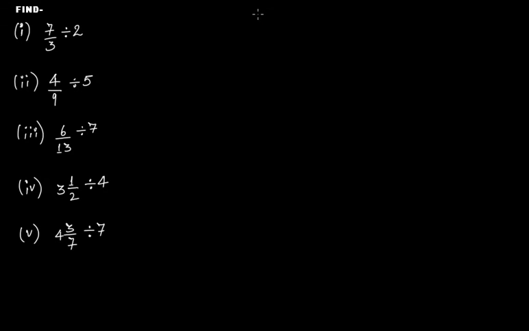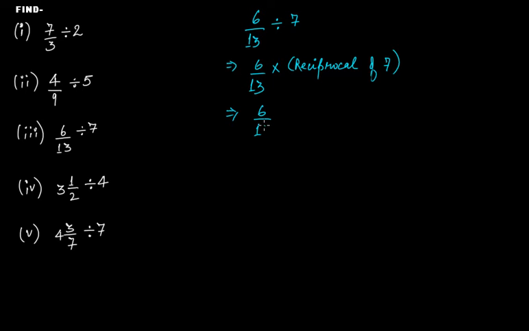The third one, 6 over 13 divided by 7. So this will be 6 over 13 multiplied by the reciprocal of 7. 7 can be written as 7 over 1, right?